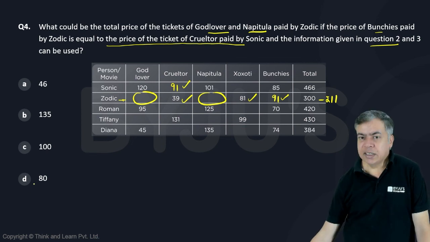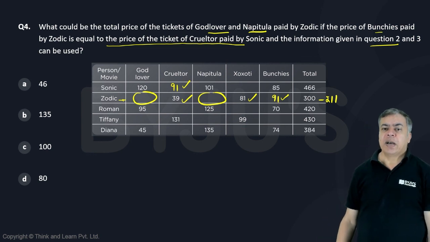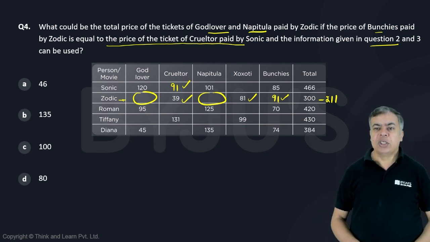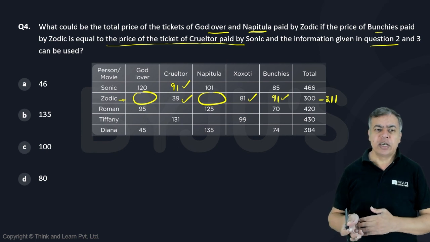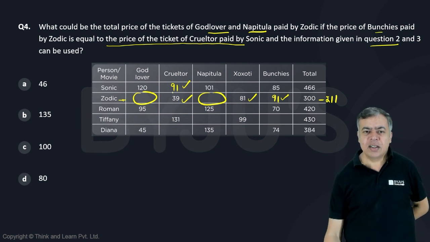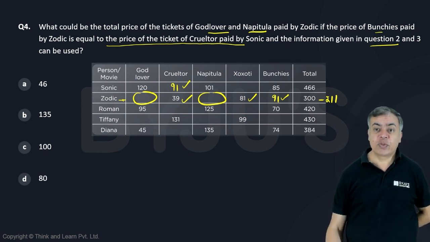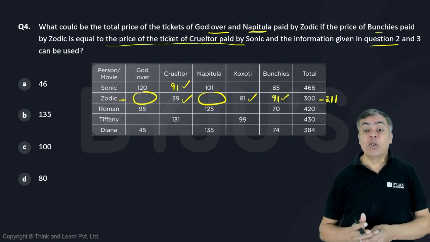Okay, let's see. What could be the total price of the tickets of G and N paid by Z if the price of B paid by Z is equal to the price of the ticket for C. He's saying the information from question 2 and 3 can be used, right? But if I am taking 91, that is from information from question 3, I got the value of this, but this value was the maximum value.